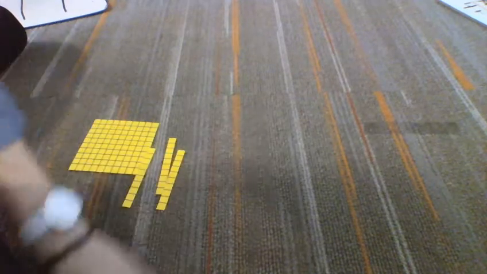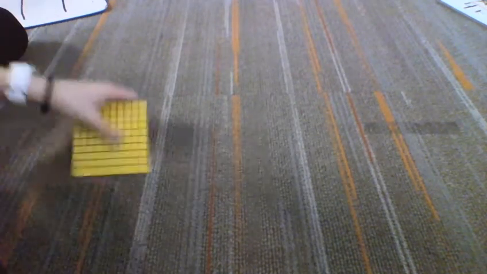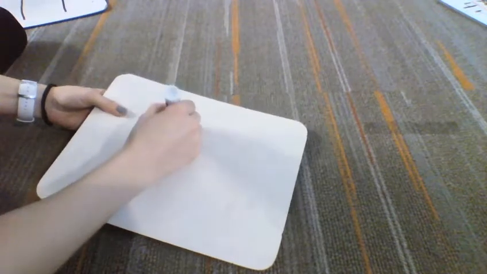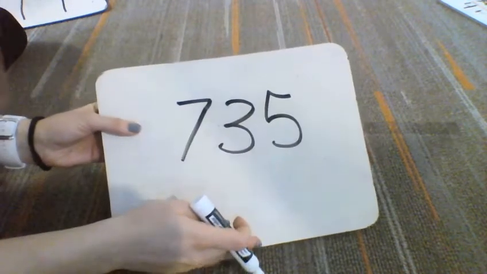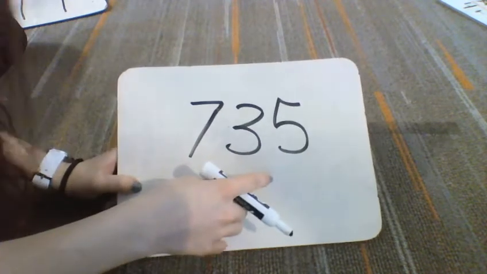In your workbook, it gives you the number 735, and it wants you to write the name using words. So this is the number it gives you. 735. When we read this number, we don't say "seven three five."